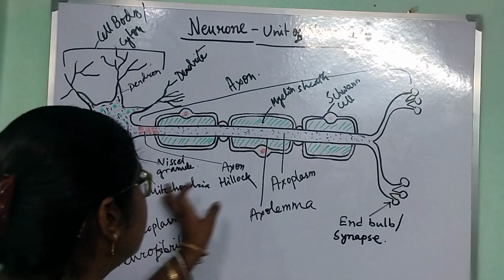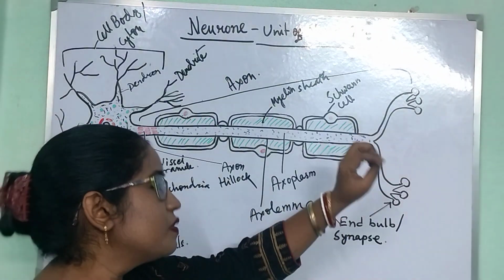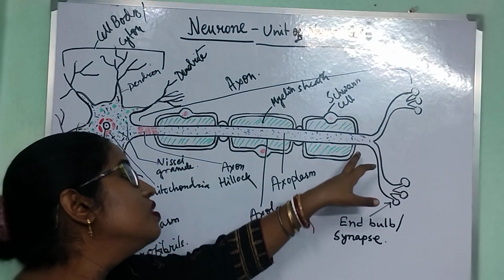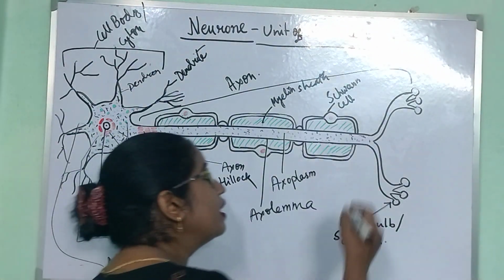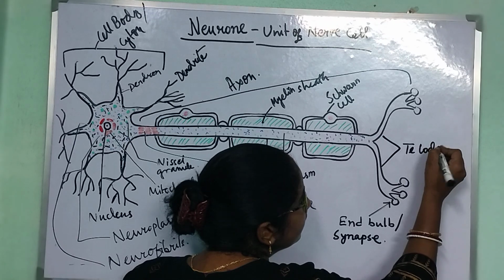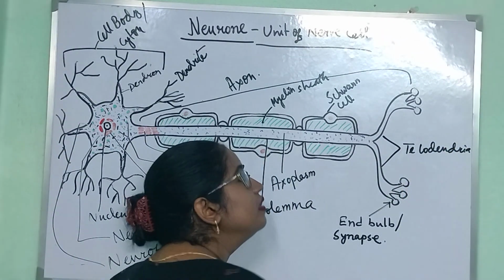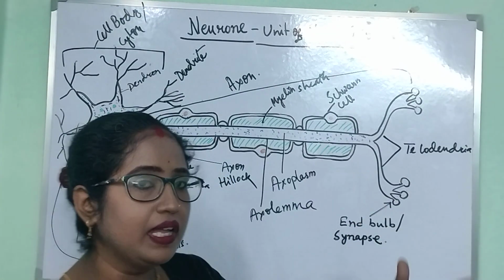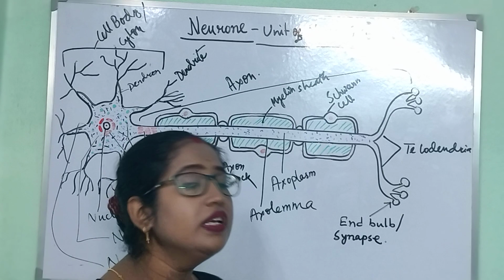In the last part the axon branches off into many parts, especially two or three parts. These branch-like portions are known as telodendria, and the telodendria again branch off into small bulb-like structures. These bulb-like structures are known as end bulbs or the synapse.